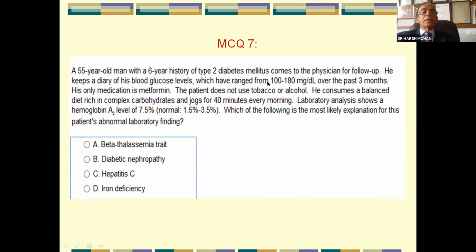And he's meticulous in keeping blood glucose level under control, 100 to 180, controlled with medication, and does not use tobacco or alcohol, which also supports that it's not likely to aggravate. He consumes a balanced diet rich in complex carbohydrates and jogs, so taking all precautions. So diabetes is well under control.